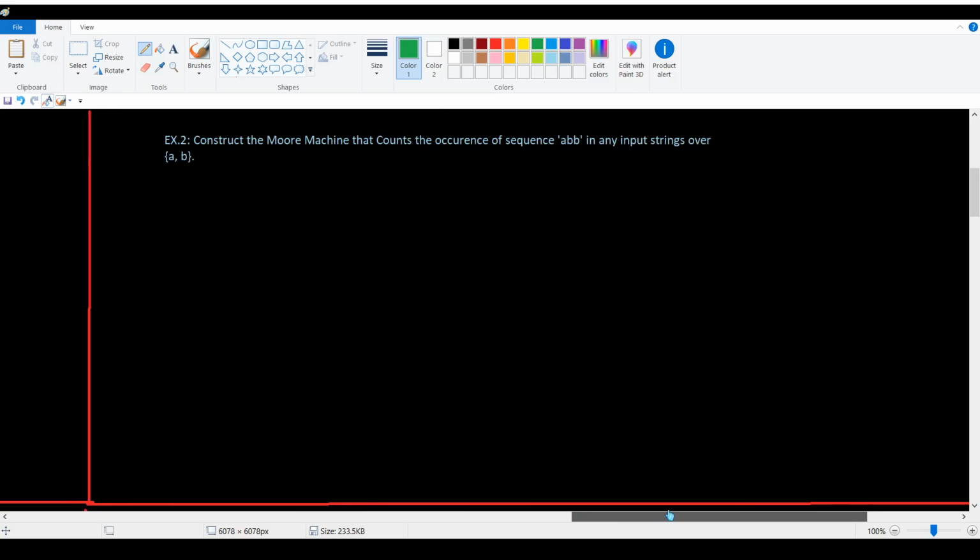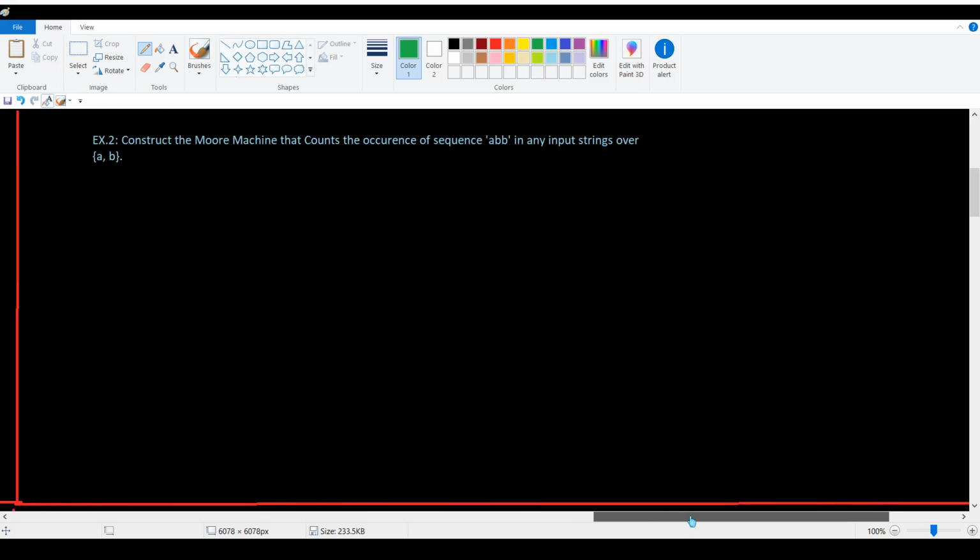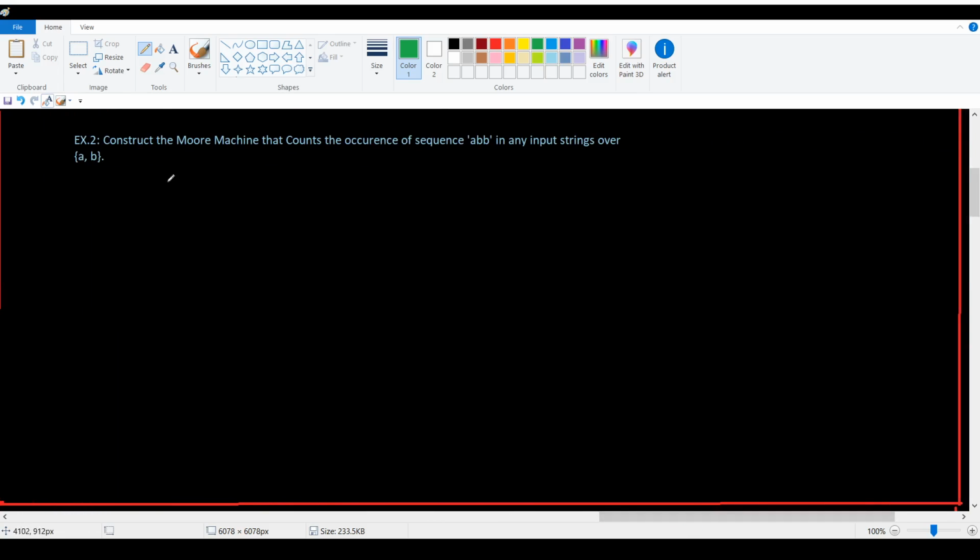The next example of Mealy machine. Now here we need to construct the Mealy machine that counts the occurrence of sequence ABB in any input string over the AB, right? So we need to find out the sequence ABB, right? Whenever that occurs, we can assign output as a 1.